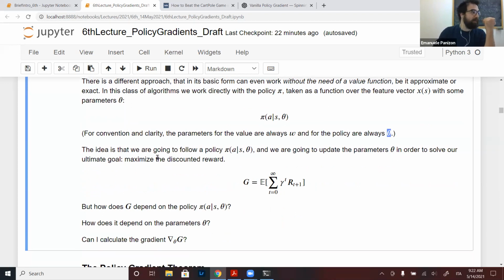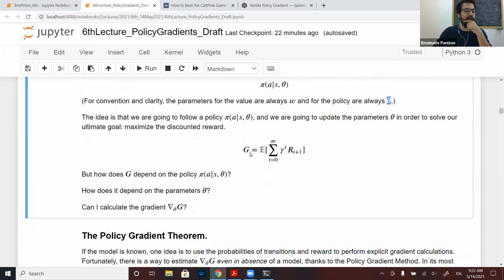Now, the idea is still the same as always. We are going to try to get the best policy, so the best parameters which create the best policy, and our ultimate goal is still to maximize the discounted reward. So our aim is to find a way to optimize and maximize this. This is the expected value of the infinite sum of discounted reward.